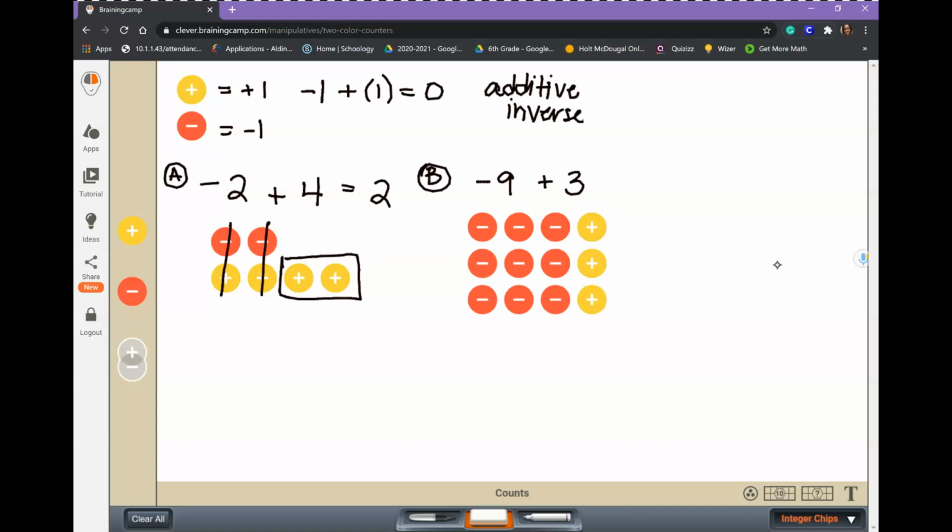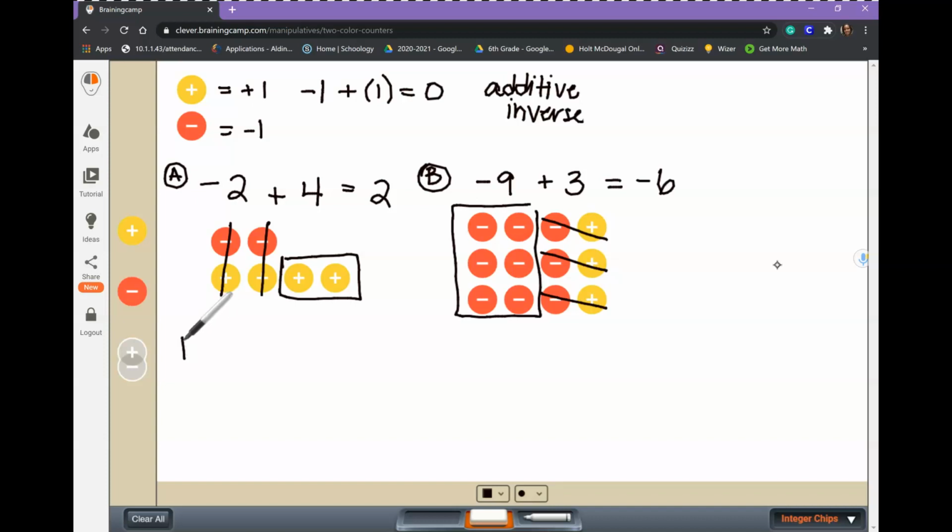Okay, here again I'm going to form my 0 pairs and remove them. I'm left with 6 negative or 6 red counters, so my sum is -6.